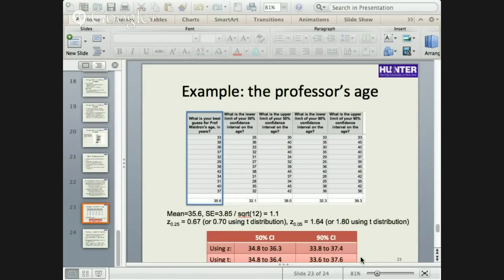But all of this cannot account for bias. So that's something to keep in mind when you're reading the public health literature too. When you see that confidence interval, it only works if you have an unbiased sample.